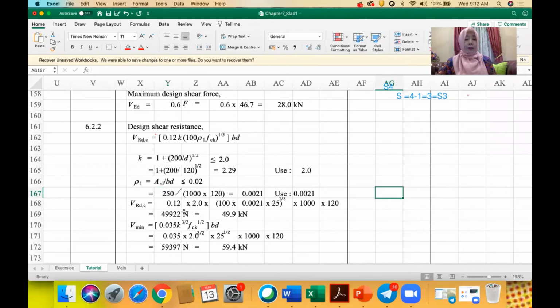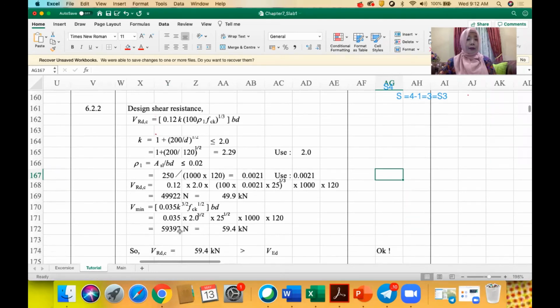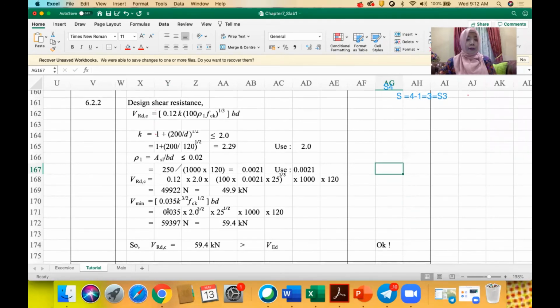Now we have the VRD,c, the capacity of shear force 49.9, and the minimum in the concrete you calculate from here the minimum 59.4. This is due to concrete alone. This is given due to steel.